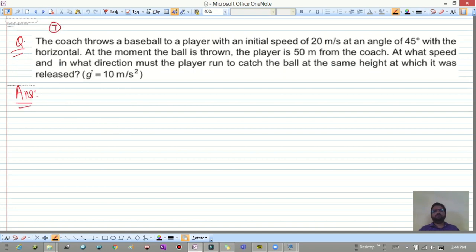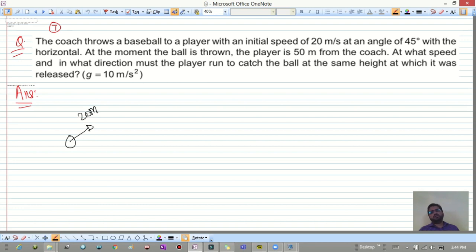Then the seventh one: the coach throws a baseball to a player with an initial speed given at an angle given with the horizontal. At the moment the ball is thrown, the player is 50 meters from the coach. At what speed and in what direction must the player run to catch the ball? So there are two scenarios possible.